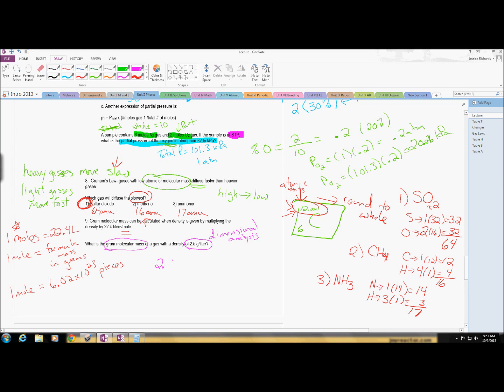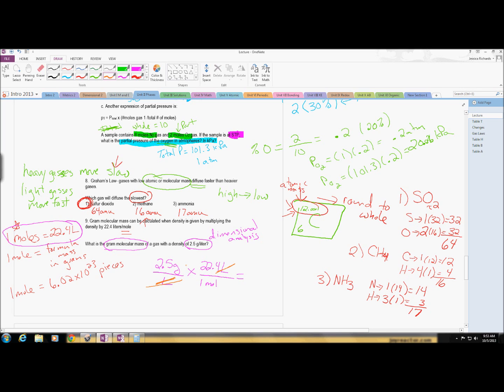So if I have 2.5 grams per liter, and I know this relationship right here, if I put my 22.4 liters on the top and my 1 mole on the bottom, when I multiply, liters are going to cancel.